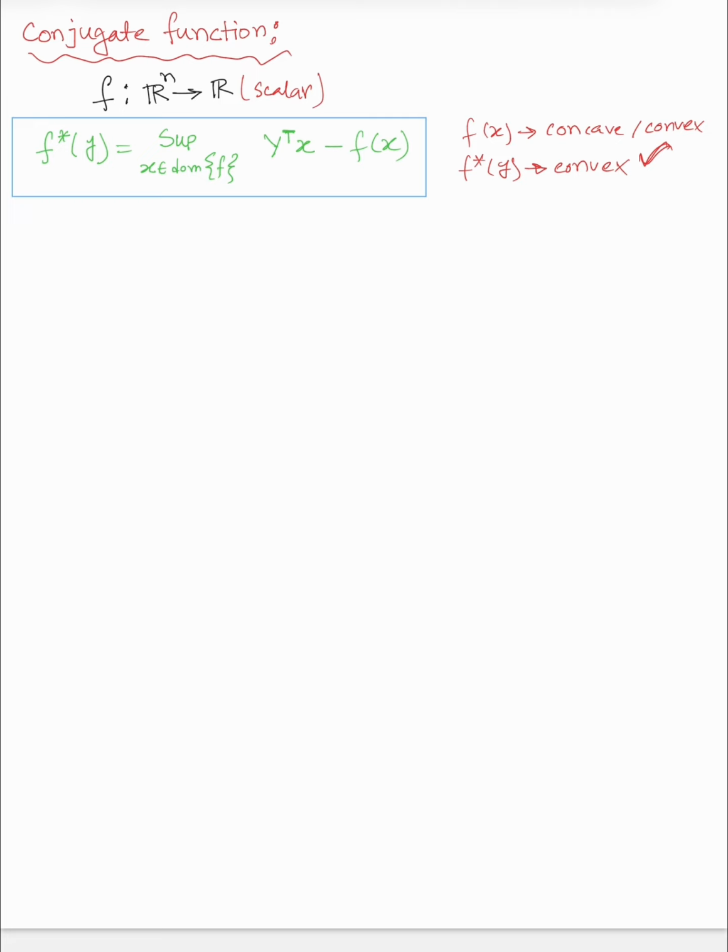Because there are a few reasons. The first thing is, let's just write this down: the conjugate function is convex.